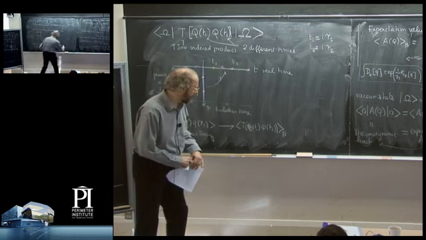And then I take the limit beta goes to infinity, or T goes to 0, and I got what I wanted, which is this object.